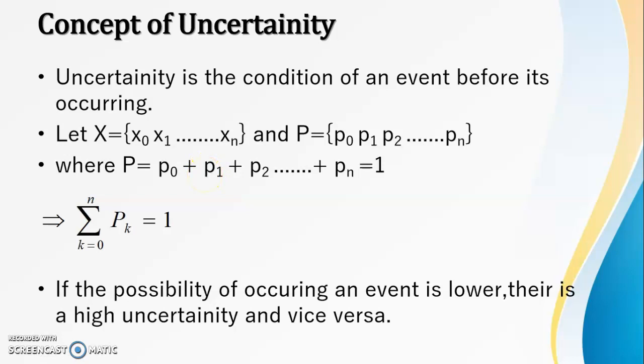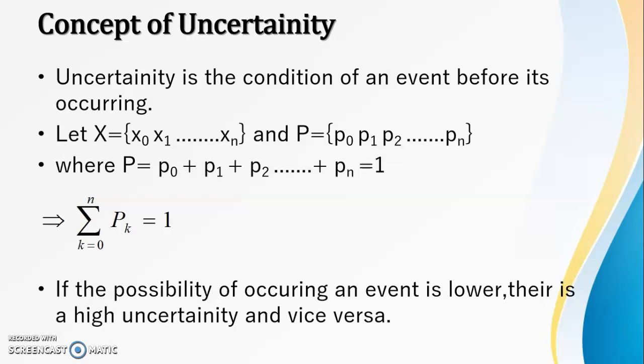Now, when the probability of occurring of an event is increased, its uncertainty is reduced. That is, when P0 equals 0, it has a high level of uncertainty, and as its value increases and reaches closer to 1, its uncertainty is reduced. If we say the probability of occurring of an event is P equals 0.1, then there is a high uncertainty of this event occurring.